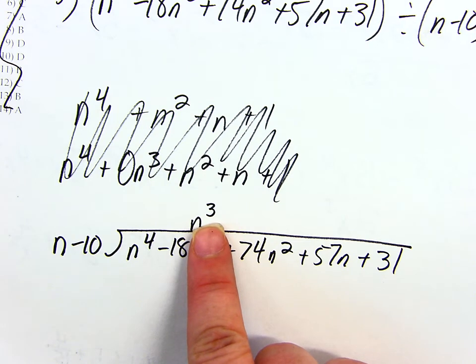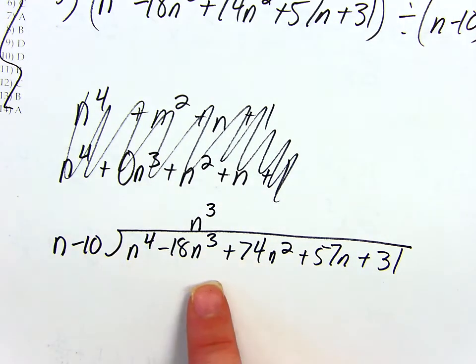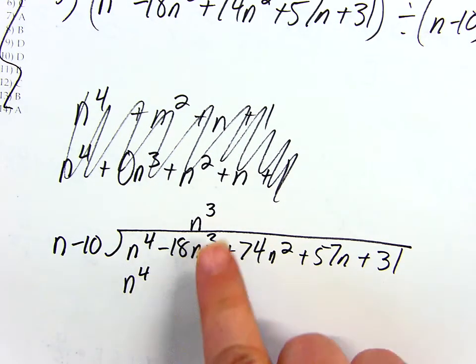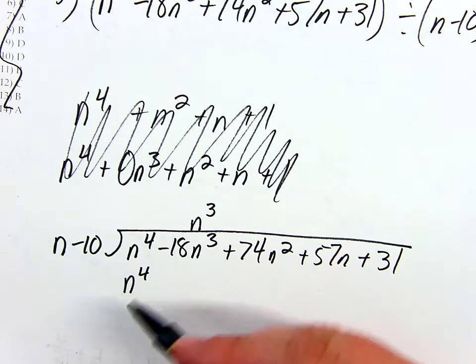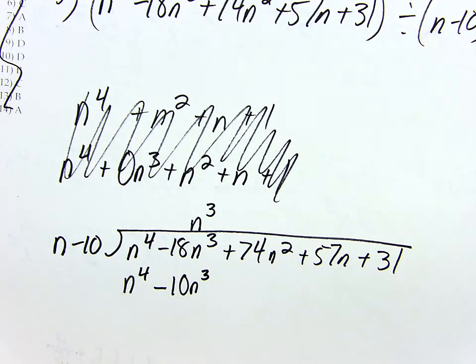Now, just like you did with numbers, you take the number on top and multiply by what's out in front, and you write it underneath. So n to the third times n is n to the fourth, and n to the third times negative 10 is negative 10n to the third. But then, just like with numbers, what do you do now? You subtract. Here's another little difference: you have to subtract both of these things.